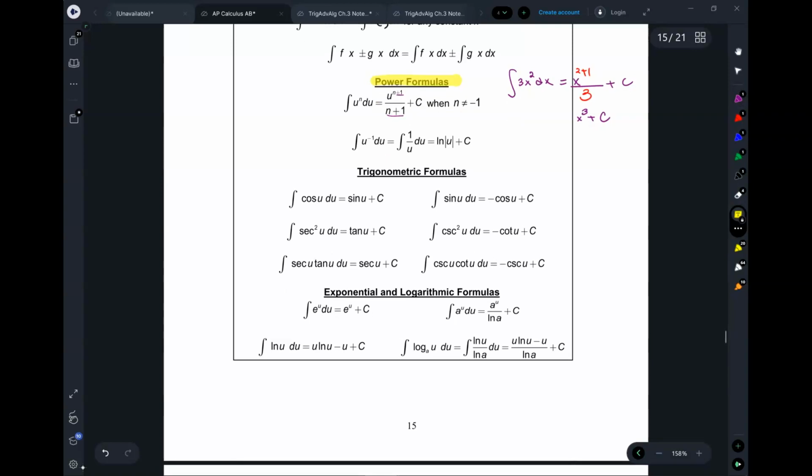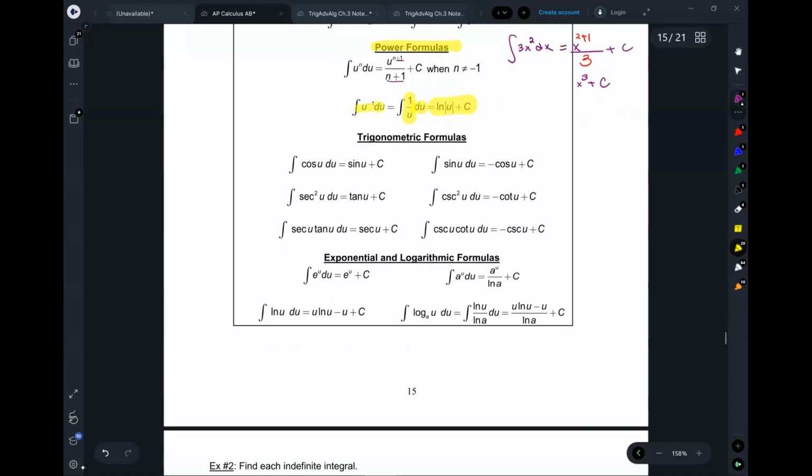Okay, so what if you have something to the power of -1? In that case, you just have to memorize and remember that this can be rewritten as 1 over u du, but its antiderivative is ln of u plus c.